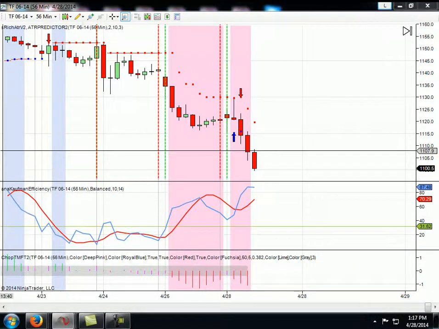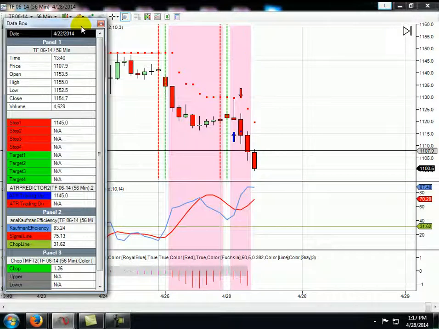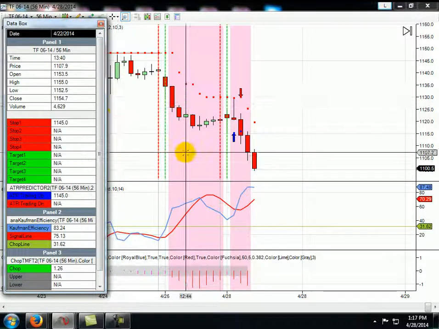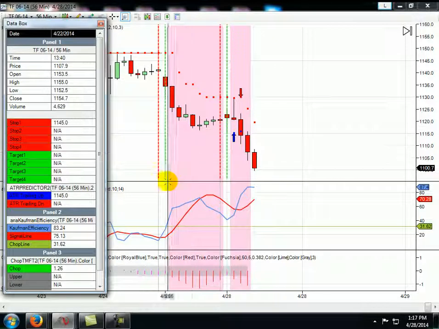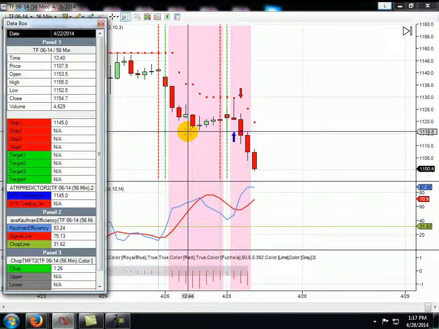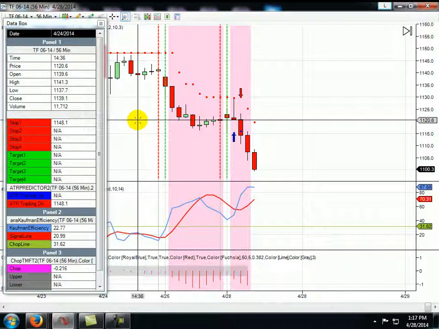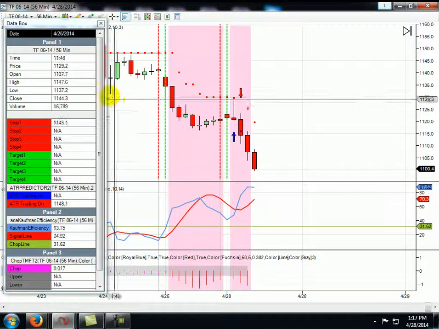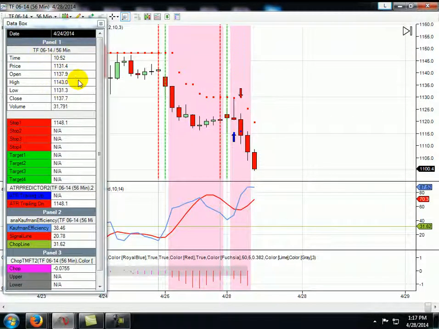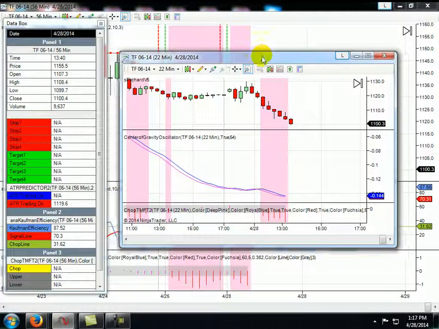I also had the data box on the screen here when I was doing all my analysis. And yes, it was a bit of a chore scrolling through this chart, looking at all the data in the data box, and then as well consulting the other chart.